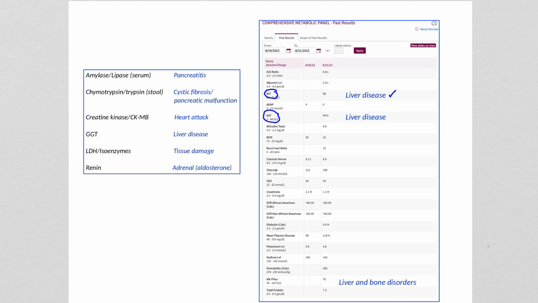These enzymes are measured in blood to help us diagnose and monitor liver diseases. The enzyme alkaline phosphatase is important for liver and bone disorders. The enzymes amylase and lipase are measured in serum for the diagnosis of pancreatitis.